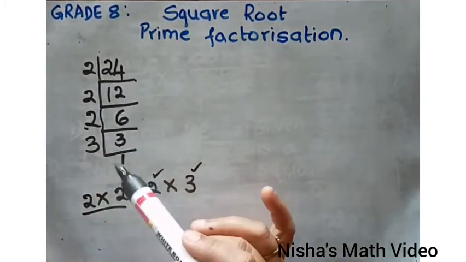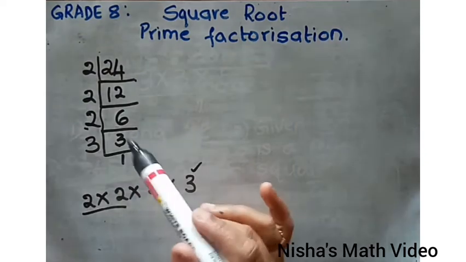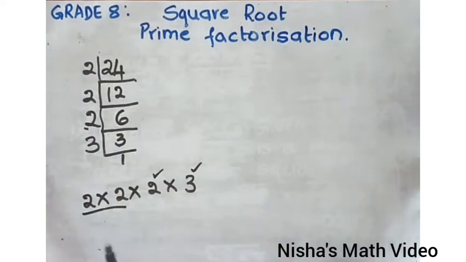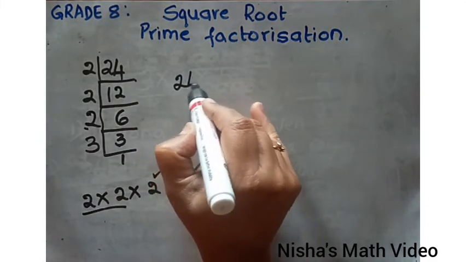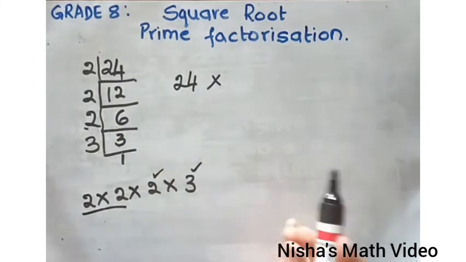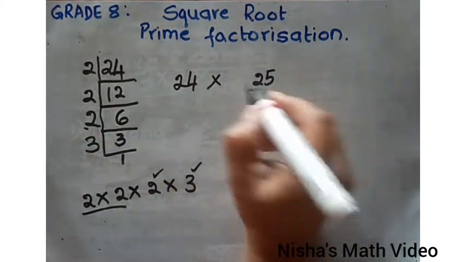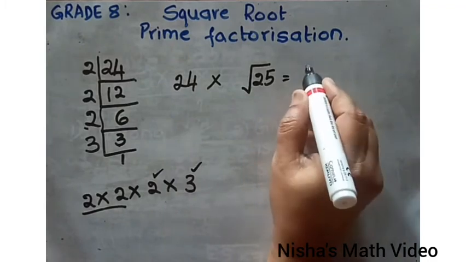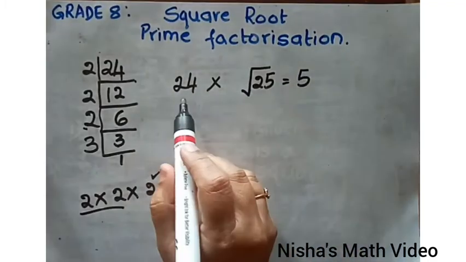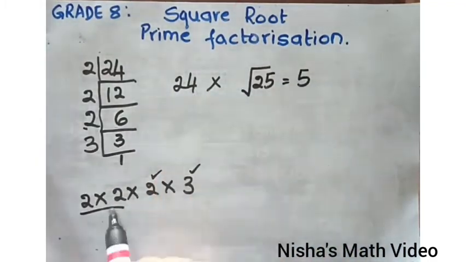Have we done anything wrong in our prime factorization? No. Our prime factorization is correct, but we do not have a pair here. This is because 24 is not a perfect square. Which is the next perfect square after 24? 25 is the perfect square. That is, square root of 25 I would have got as 5. But 24 is not a perfect square, so I don't get it.